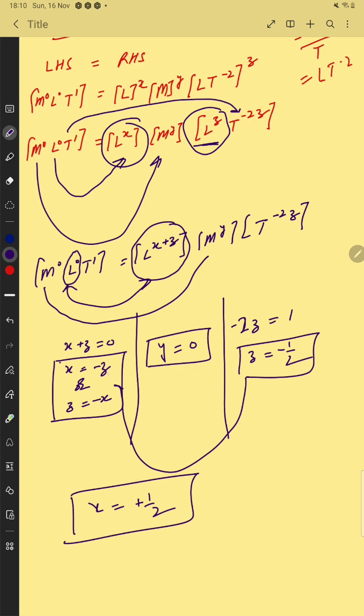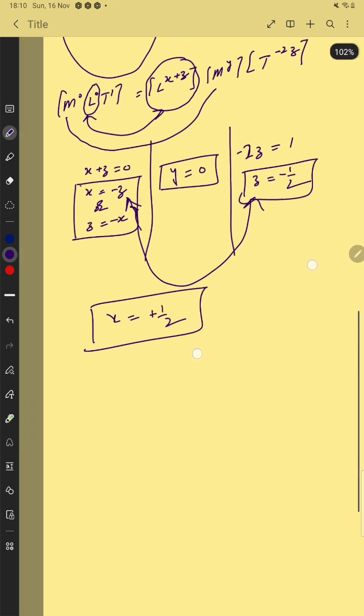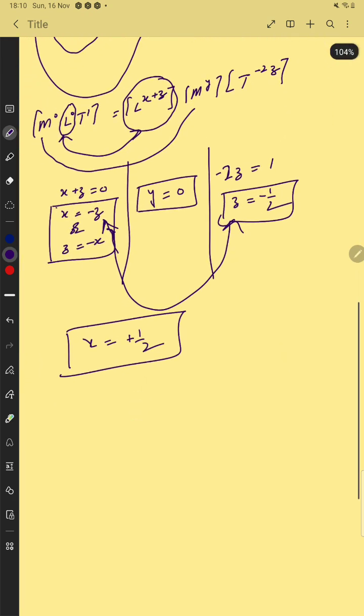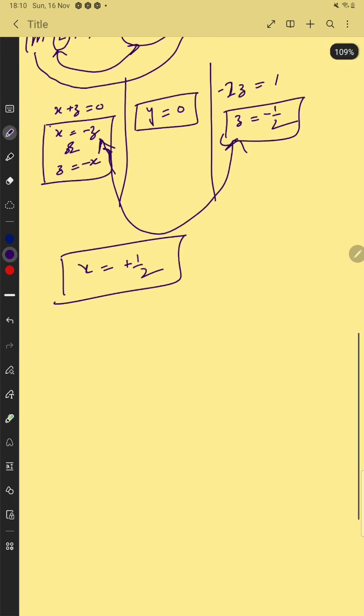Now from this equation, consider it as equation 1, and rewrite the values.